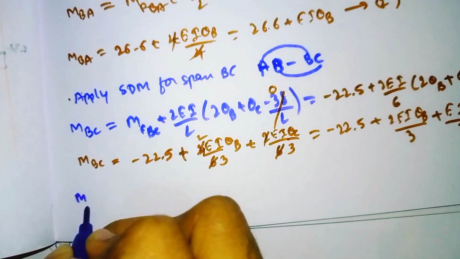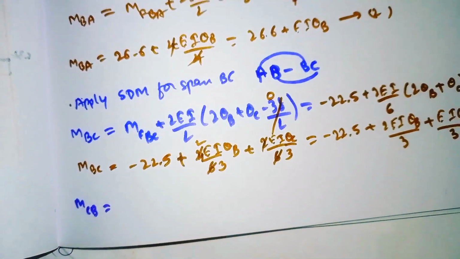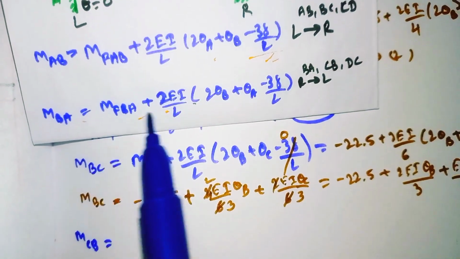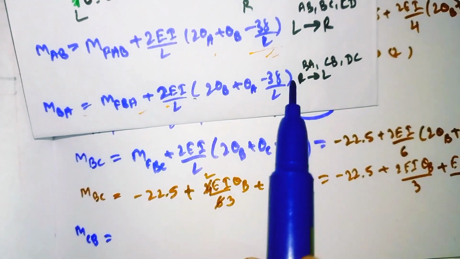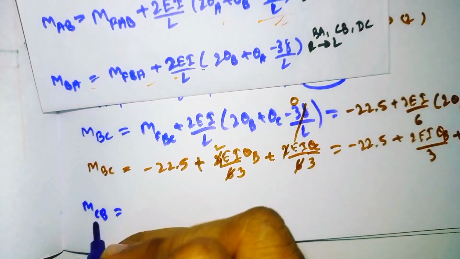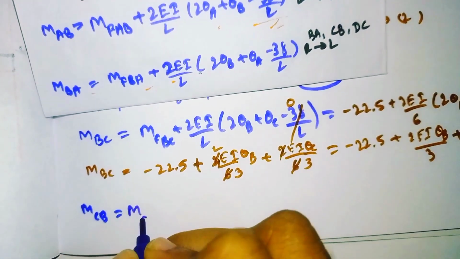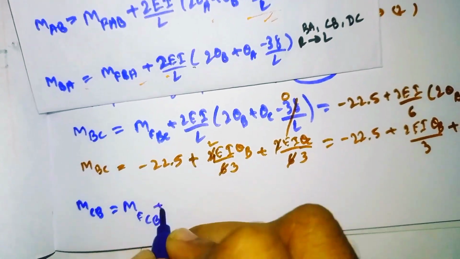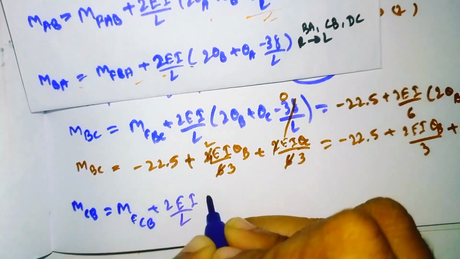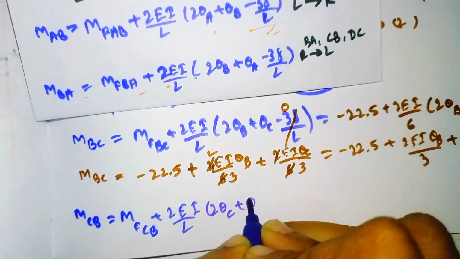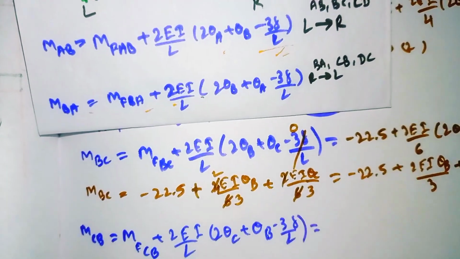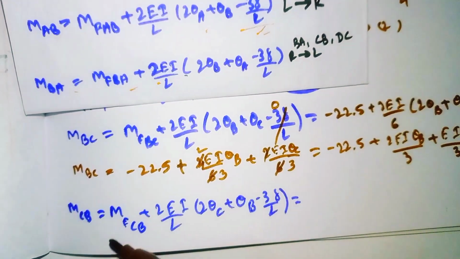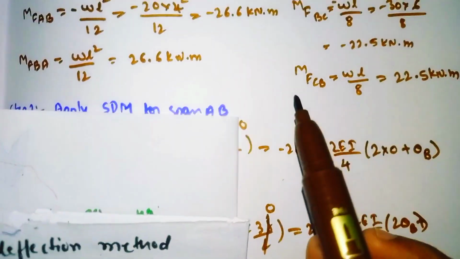Similarly for MCB, in this formula in place of BA we need to substitute CB. So MCB is equal to MFCB plus 2EI divided by L into 2 theta C plus theta B minus 3 delta divided by L. Our MFCB we got was 22.5.